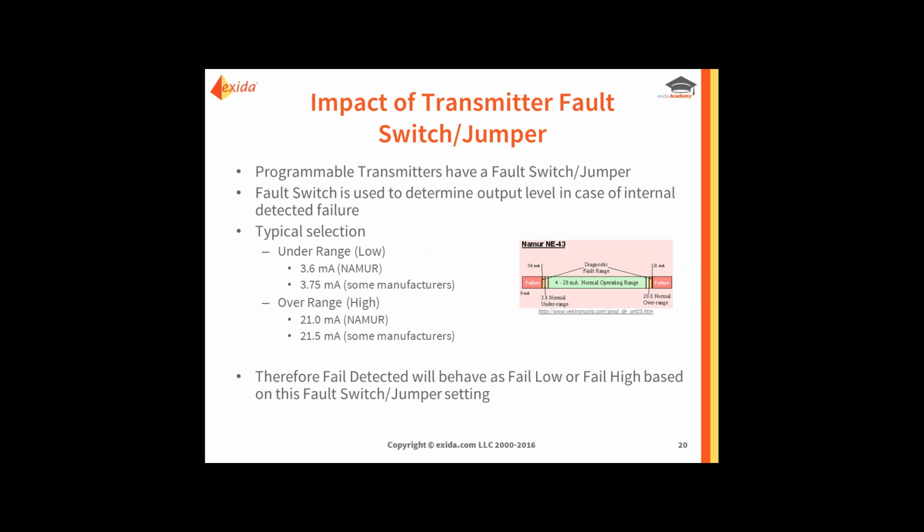And then between 3.6 and 3.8, and between 20.8 and 21 are the predefined ranges for indicating that there is a diagnosed failure. Anything beyond that are just simply failures that are not detected by the transmitter. So those are the fail low that goes to 0 milliamps, for example.